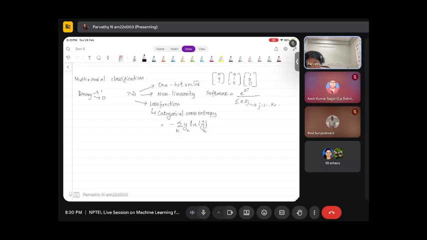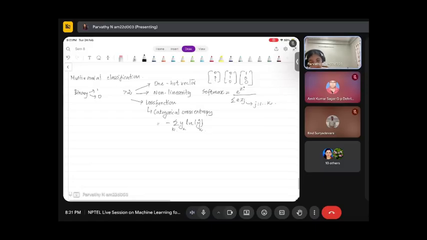And then for multinomial classification, the weights are, for example, when we have an image of size 60 by 60, and when we flatten that, we get 3600 input features.